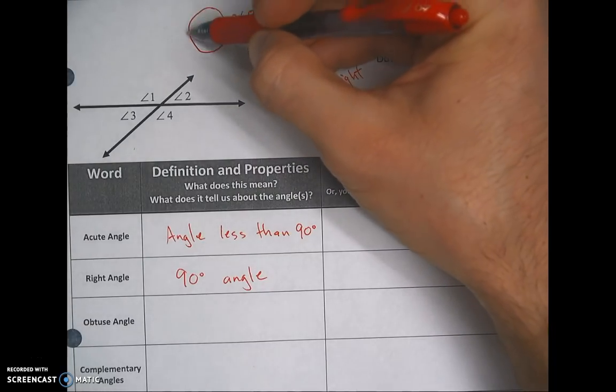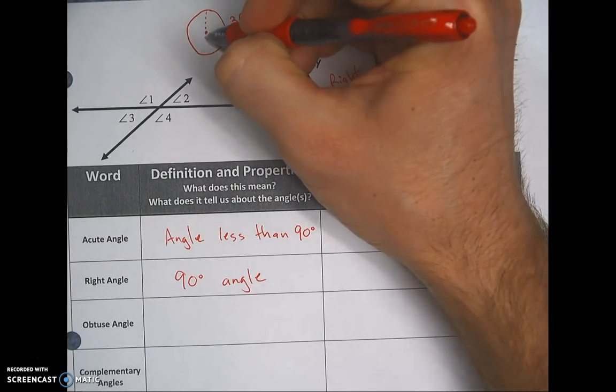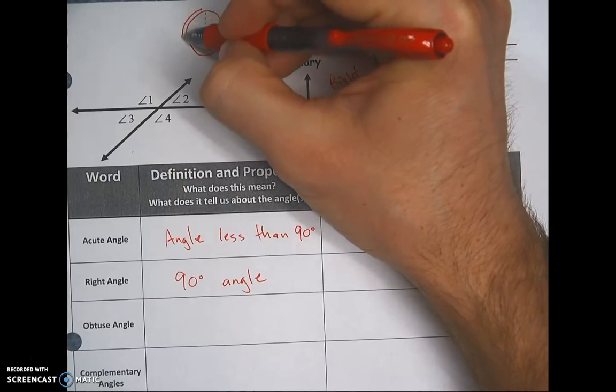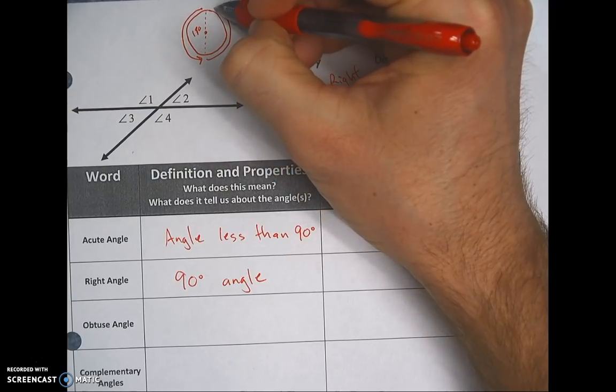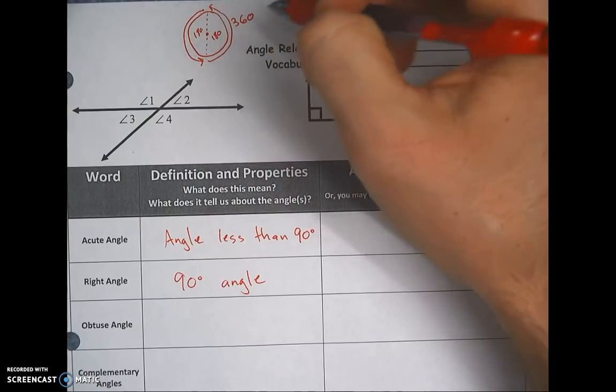Halfway around is a 180, and that's half of 360. If I cut this in half, I've got a 180 going around here, and then I've got another 180 going around here. And altogether that's 360.